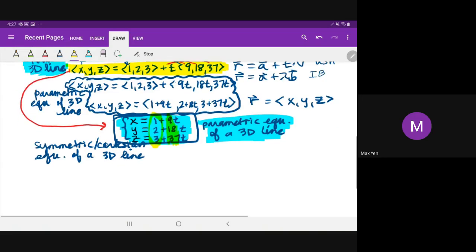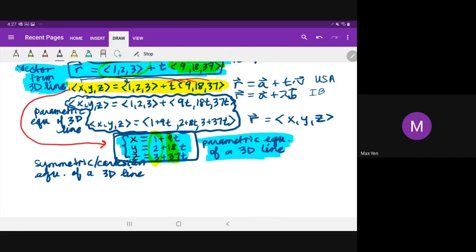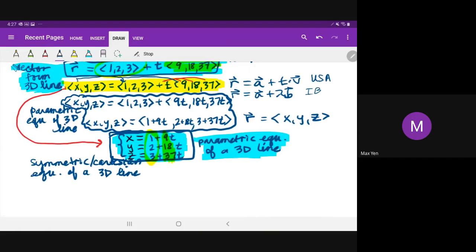Okay, so symmetric Cartesian form. Symmetric Cartesian form of a 3D line is going to be what, let's see, Sabrina said. Sabrina said, make it equal to t, but you do it from this format. So draw an arrow from this format and solve for t.